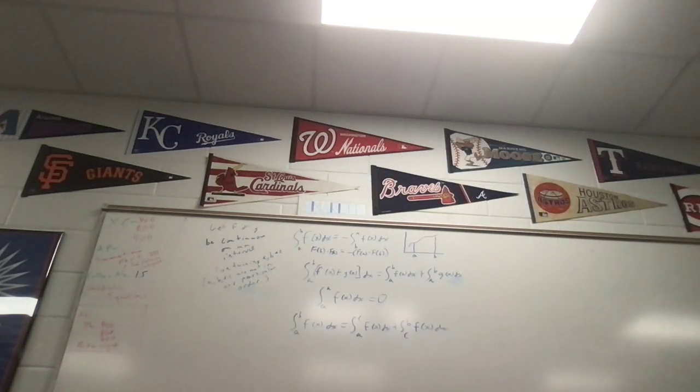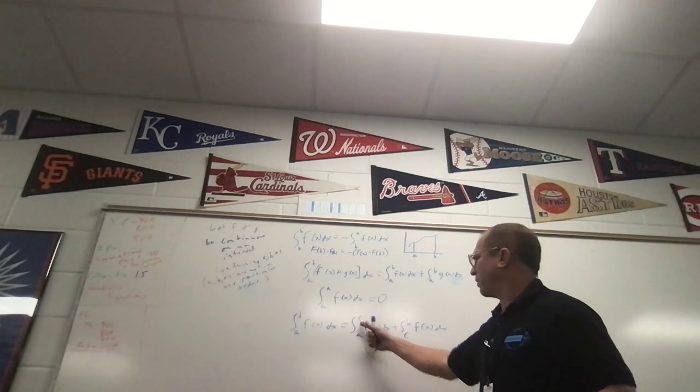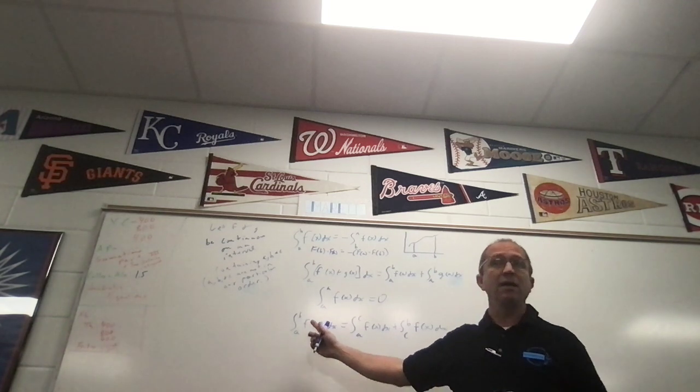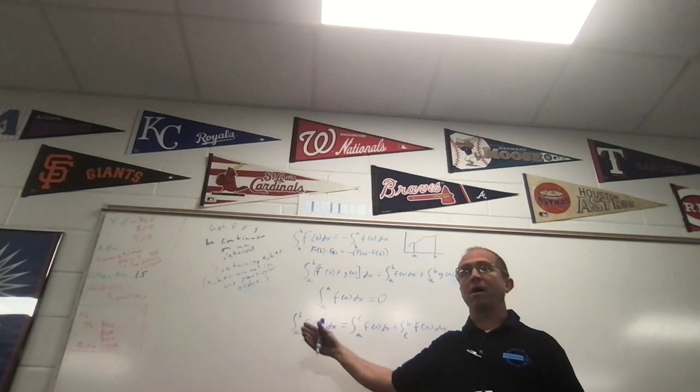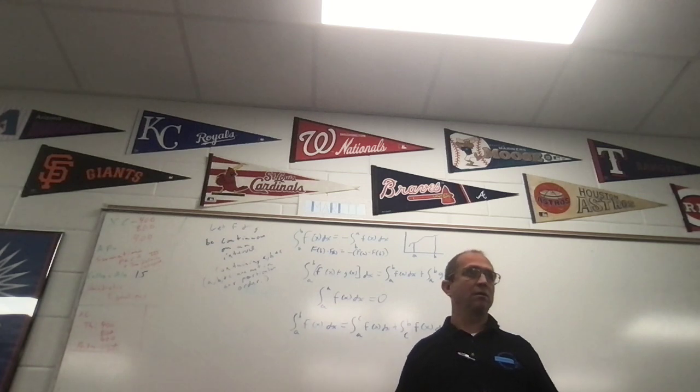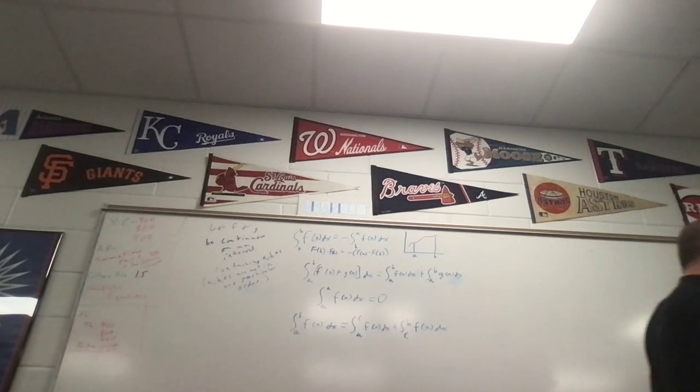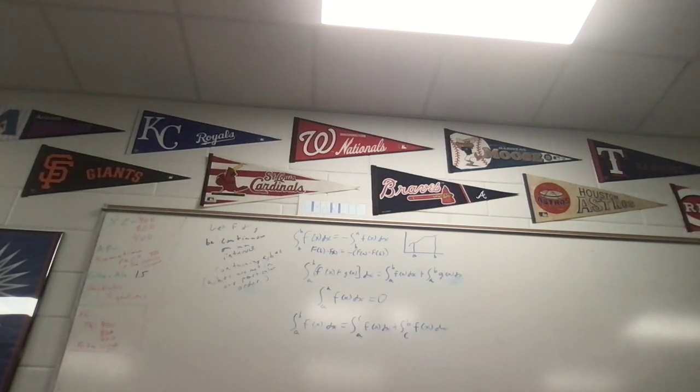Now, a lot of times what that c value is, and this is not necessarily true every time, is where you break from positive values to negative values. Not necessarily, but that's where it's going to happen a lot of the time.